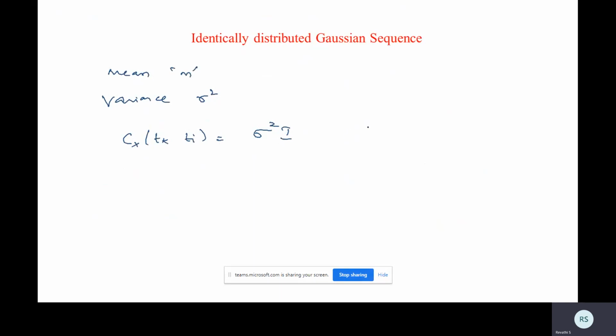In the sense, say for example, you want to fill a 3 cross 3 matrix, then what you will write? Cxx of tk comma ti. You will write easily. You are going to find only one variance. So you fill the diagonal and all the other part will be 0. Okay, this is the identically distributed Gaussian sequence. Another interesting property of the Gaussian sequences.